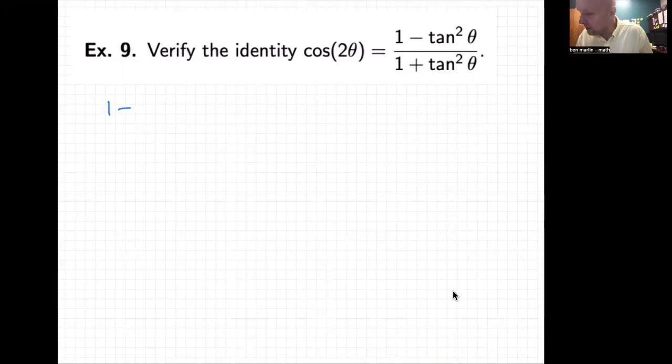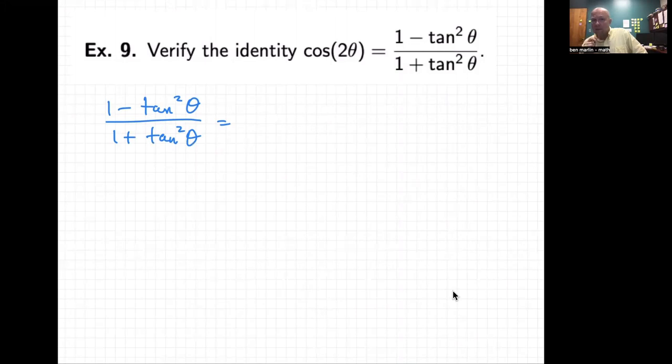So I write down 1 minus tan squared theta divided by 1 plus tan squared theta. And then I'm immediately kind of lost because neither one of those really looks like it's going to get me anywhere.